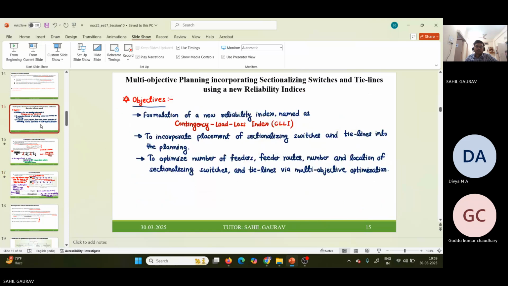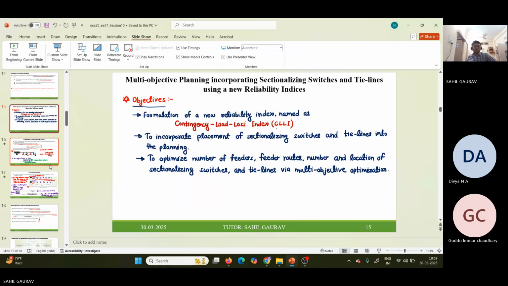No. Sir has just formulated one reliability index in his paper that we call the condensing load loss index, and by this reliability index, he has shown how the reliability improves for the power distribution network. This is not the optimization problem.